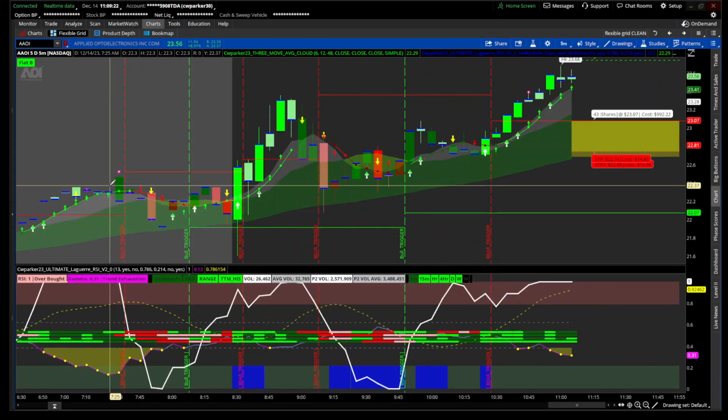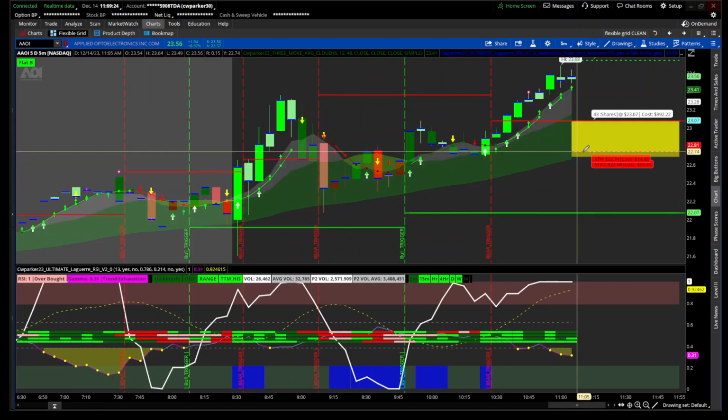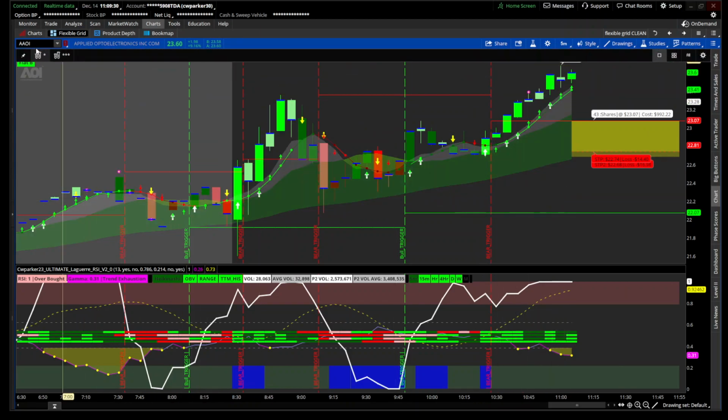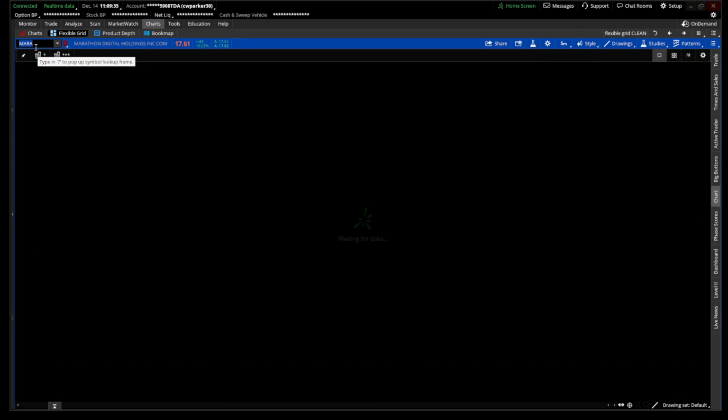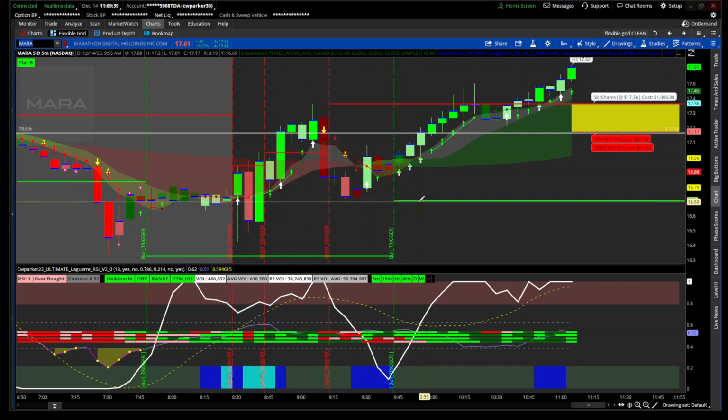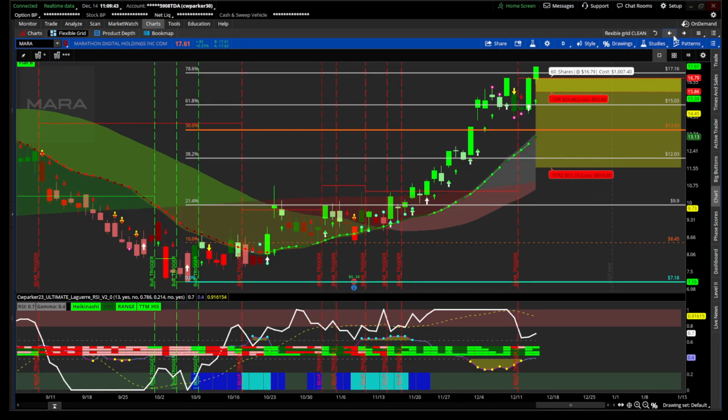So we can actually come over and do some scanning as well. So let's see. I kind of wanted to see what this did, but I also wanted to show you another example of a stock that's doing great that I had alerted people to, and that was this stock right here, MAR. It's really playing off of the Bitcoin.